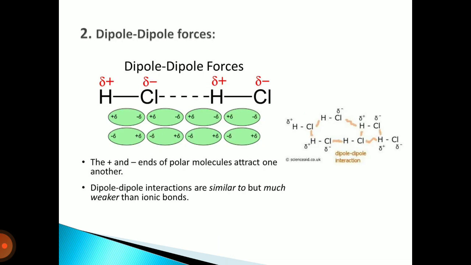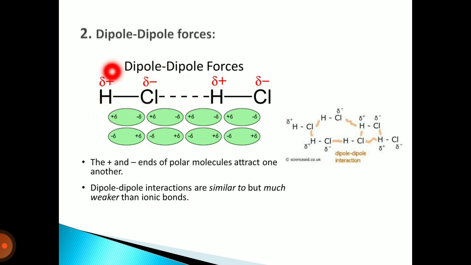Second type of van der Waals forces are dipole forces. These dipole forces occur among the substances with permanent or partial charge development. For example, HCl molecule experiences dipole attractions. Here chlorine is more electronegative as compared to hydrogen. So partial negative charge is developed on chlorine and partial positive charge is developed on hydrogen.